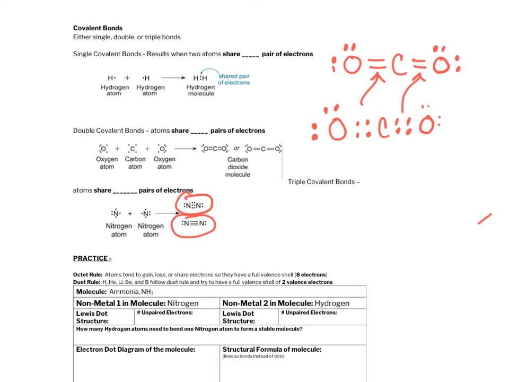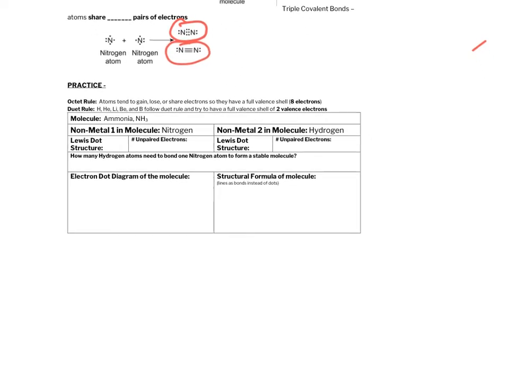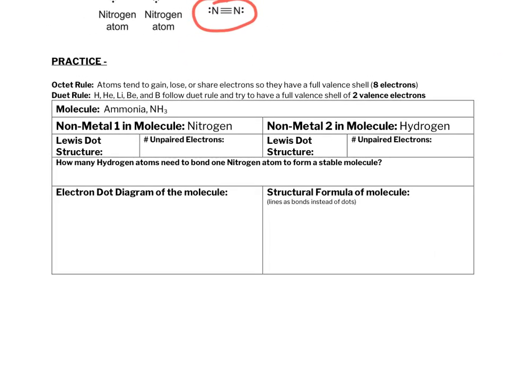All right, let's practice drawing a few more of these dot diagrams here. We got a little chart. We did this one yesterday. Ammonia, NH3. Now, the first nonmetal in there is nitrogen, and it would have 5 dots. The hydrogen, which has 1 valence electron, gets 1 dot, and we need to have 3 hydrogens for every one of these molecules.